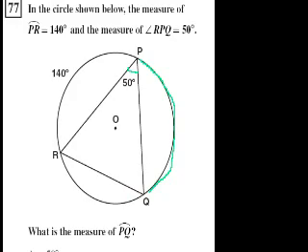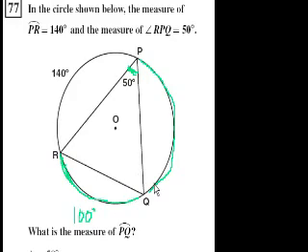We can use what we learned in the last problem. 50 degrees is an inscribed angle, right? So it's going to be half of the arc measure, in degrees, of the arc that it intercepts. So if this is 50, then this arc measure is going to be 100 degrees, right?